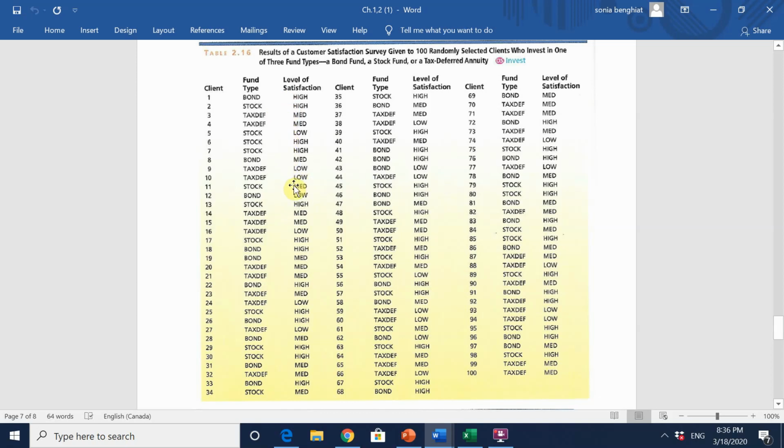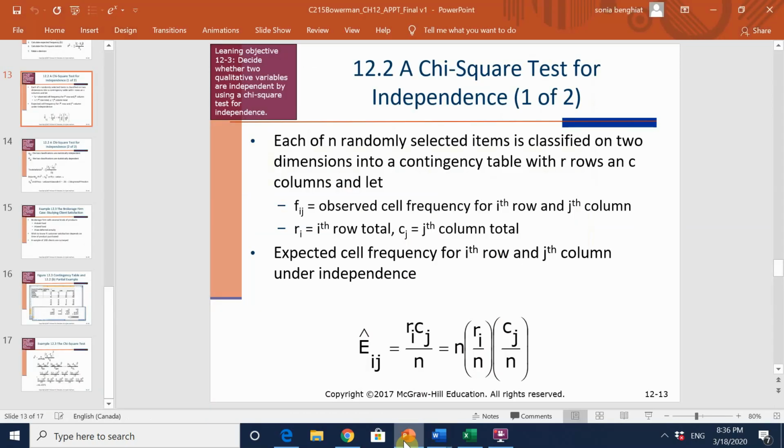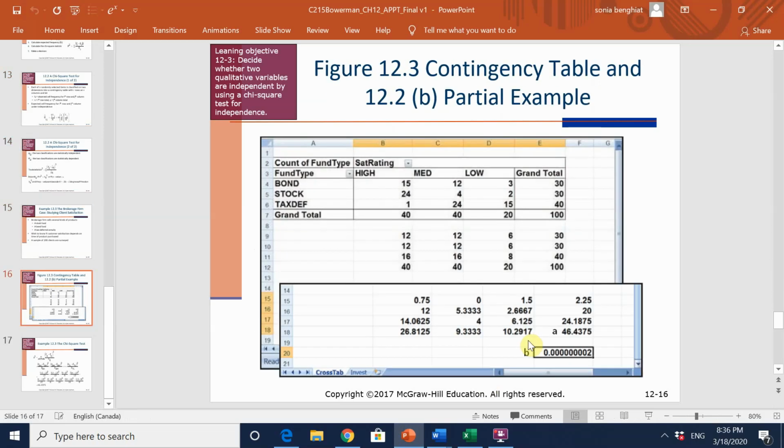So if we create a contingency table to summarize the frequency count for these two variables, we get something over here that looks like this. In fact, this is the same example, the same random sample of 100 customers.